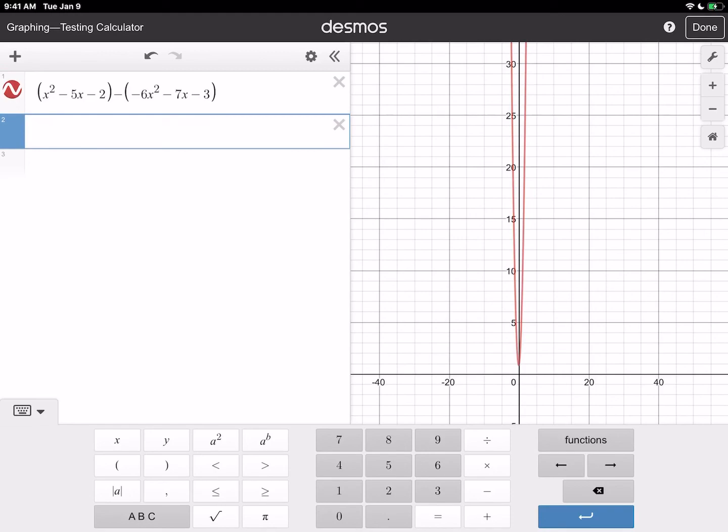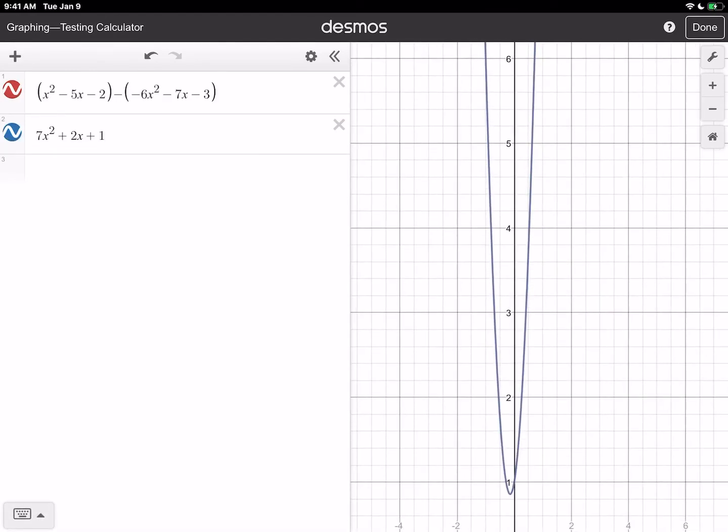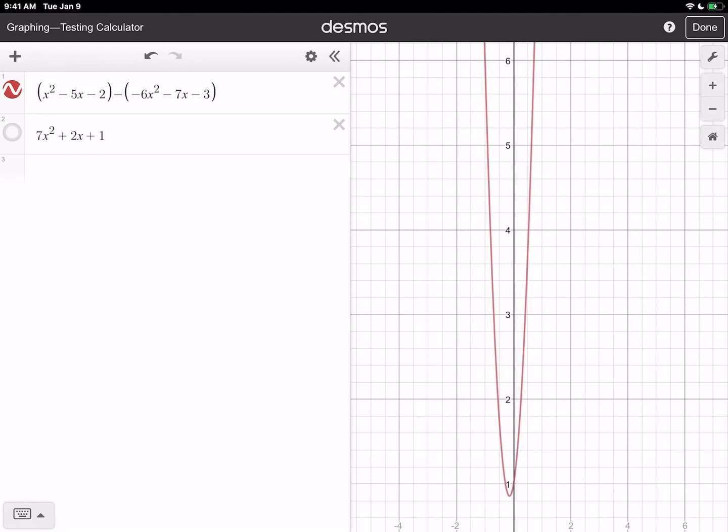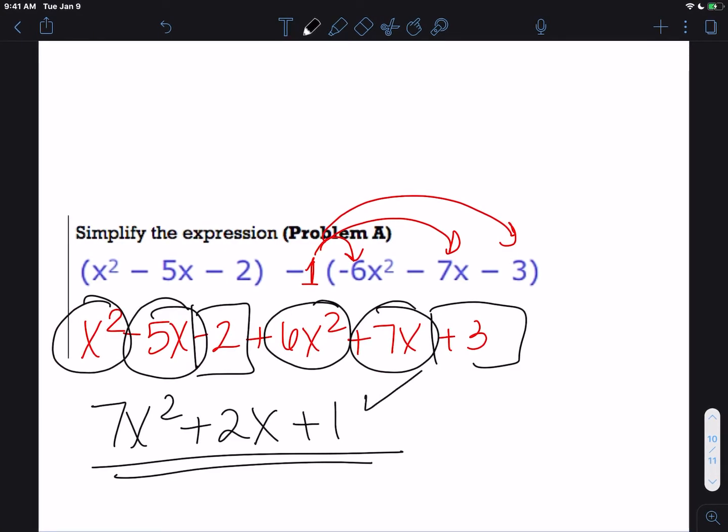Now I'm going to type in my answer. I'm going to zoom in just a little bit to make sure that the blue completely overlaps the red. And it does. So this answer is correct.